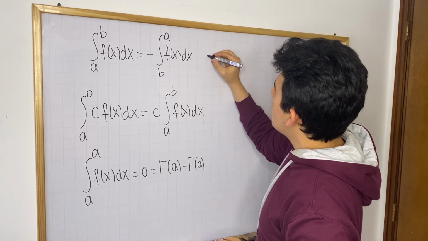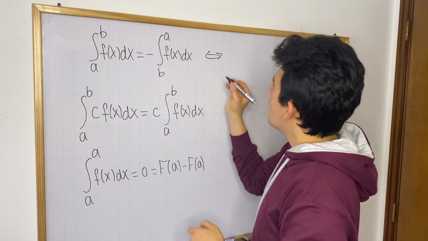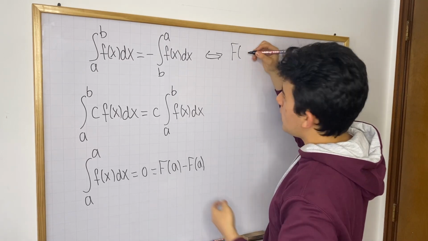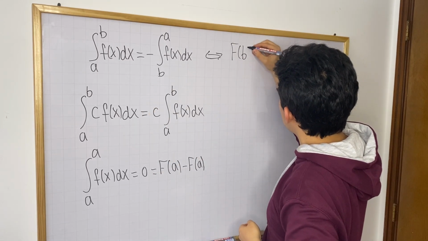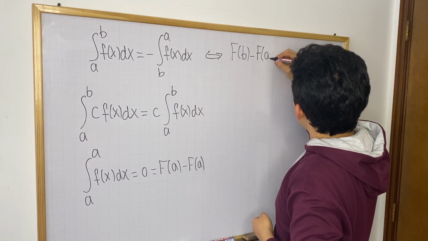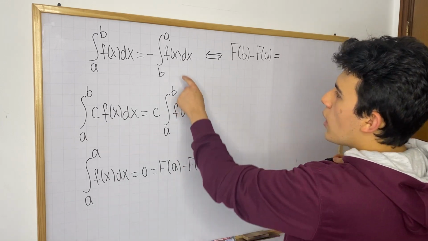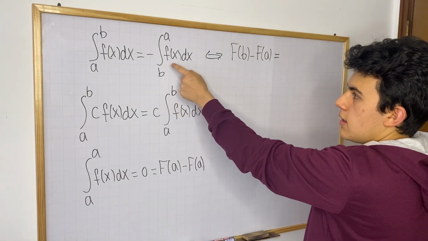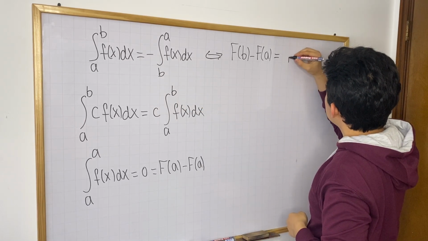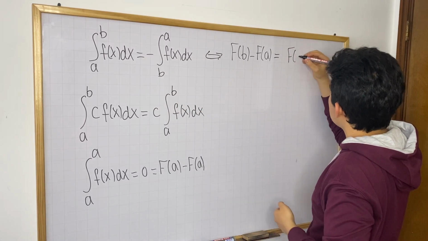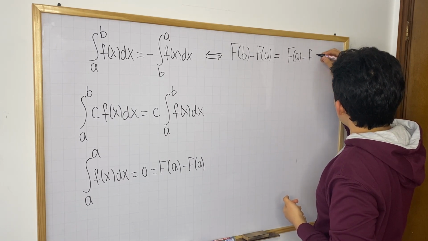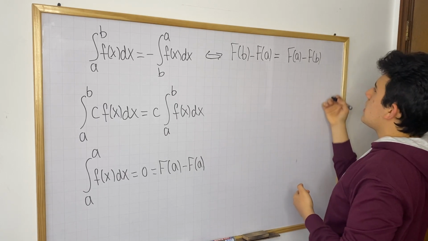So we know the left-hand side of this equation is going to be the antiderivative of small f, which is big F, evaluated at b minus big F evaluated at a. And now, what is the value of the other integral? We know that it's going to be the antiderivative of small f evaluated at a minus the antiderivative of small f evaluated at b, okay?